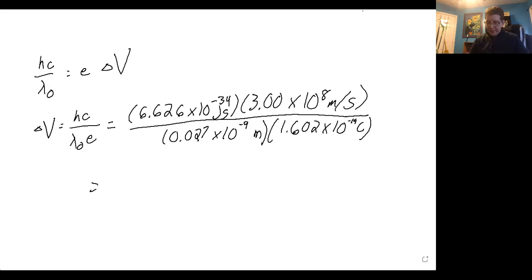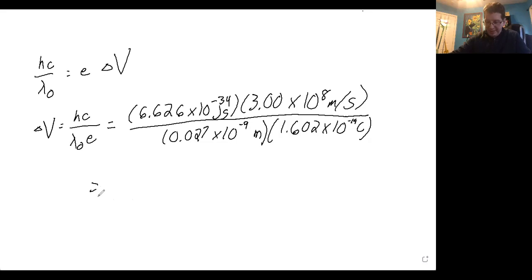So 6.626 times 10 to the negative 34 times 3 times 10 to the 8th divided by 0.027 times 10 to the negative 9, and then divided again by 1.602 times 10 to the negative 19. And after all these small numbers, you wind up getting a fairly large number.